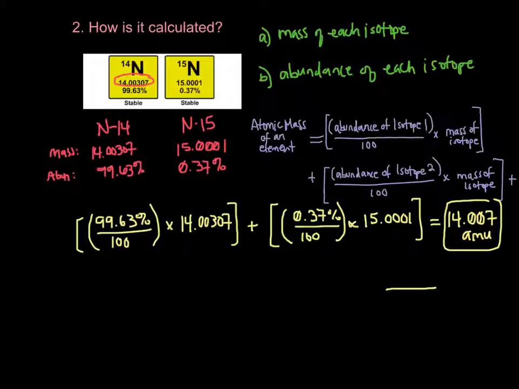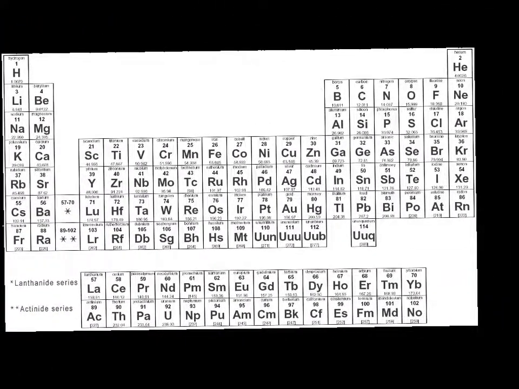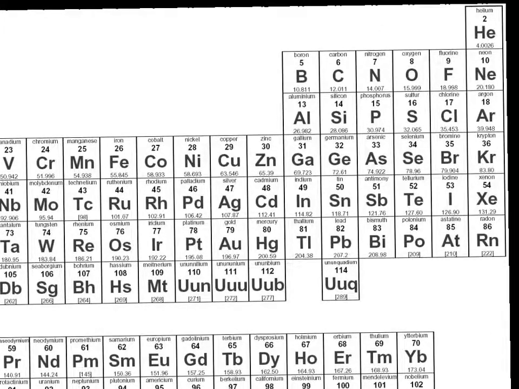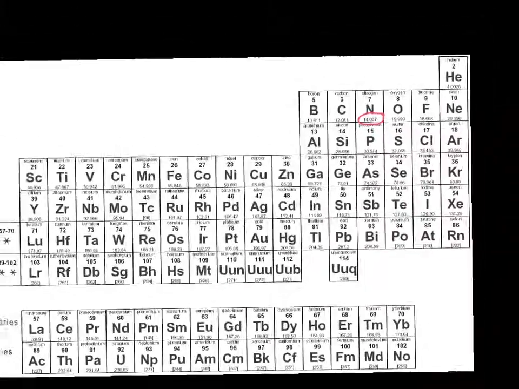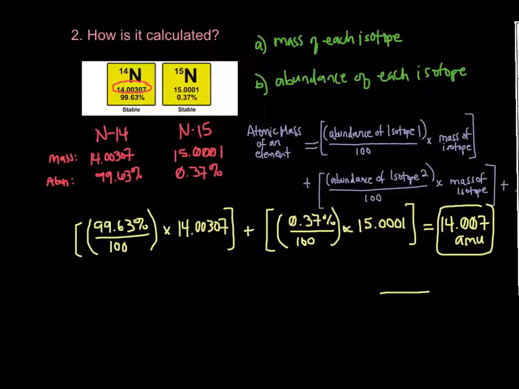So let's check it. We'll go look at nitrogen over here, and you'll notice that nitrogen's molar mass, I'll increase that, is 14.007. So now you know how that number came to be. It came from this particular calculation, where we took the abundance and the mass of each of the isotopes and added them together.